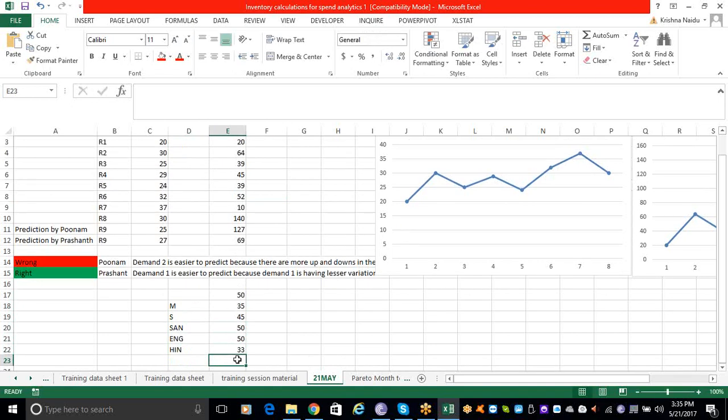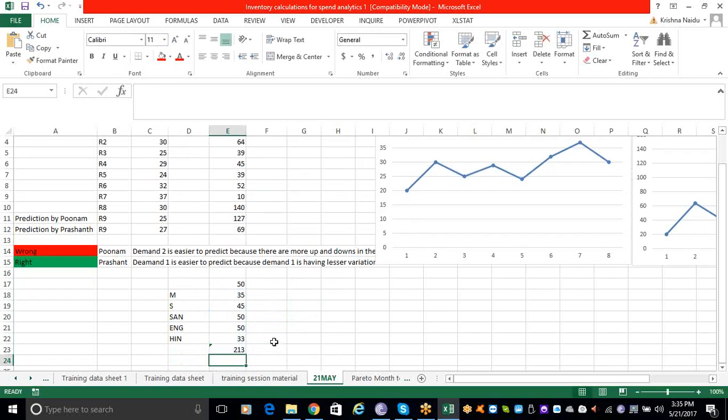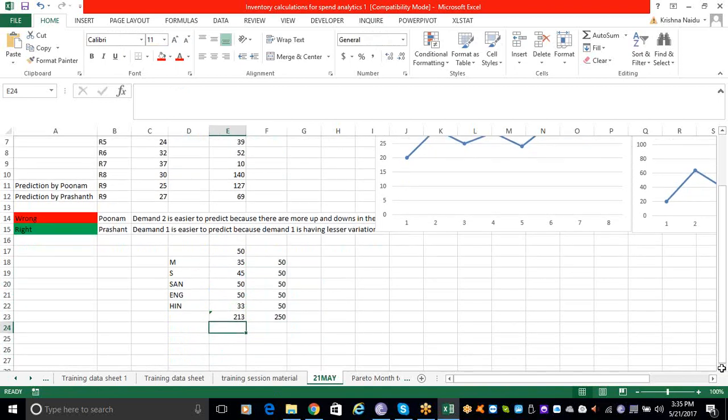So what is the sum of the total scoring? 230. What is the maximum number? 50 per subject, so the total is 250. So what is the percentage scored? 213 divided by 250, that is 85%.